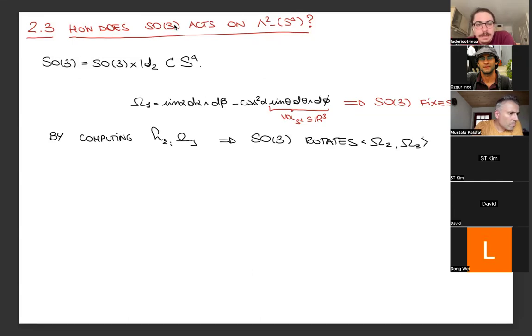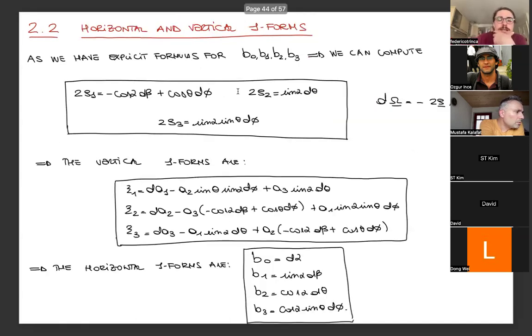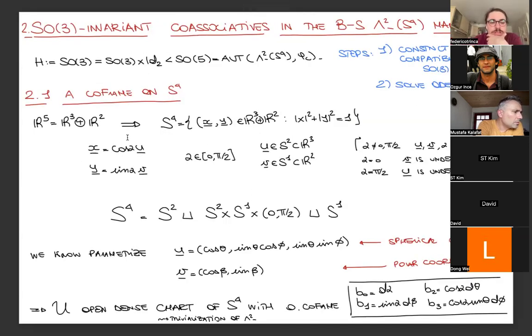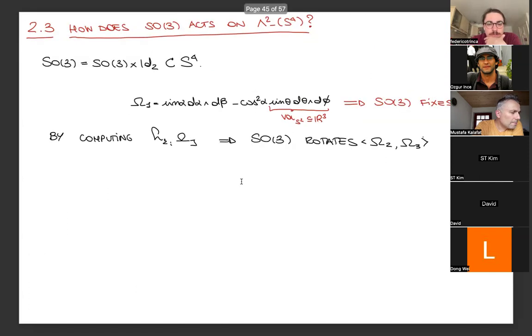And now alpha and beta, it's easy from the definition to see that they are invariant under the SO3 action. And so the only term that depends on the SO3 action is sin theta d theta wedge d phi, but this is the volume of the S2 sphere in R3, and so it's invariant under the SO3 action. And hence the whole omega 1 is SO3 invariant.